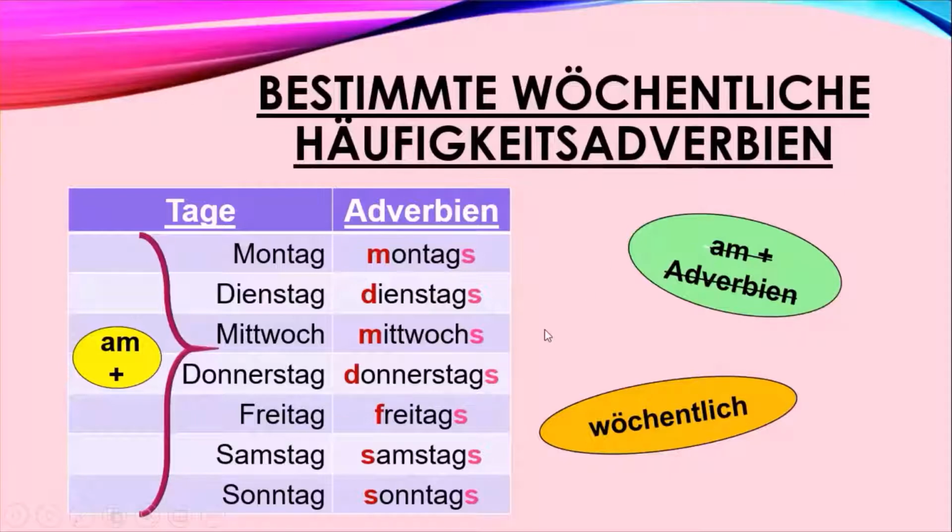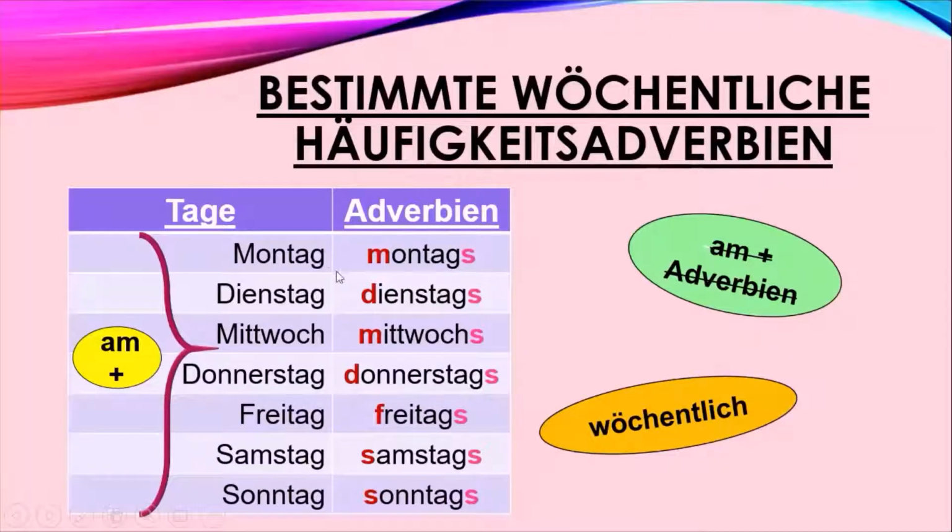For that, you need to recall or remember that in my tutorial 15, where I mentioned the days of the week, I mentioned that a preposition is used before the days of the week. So am Montag, on Monday, am Dienstag, on Tuesday, etc. Now, if you're telling someone that you do some activity in a specific time frame, you will change the day of the week to an adverb.